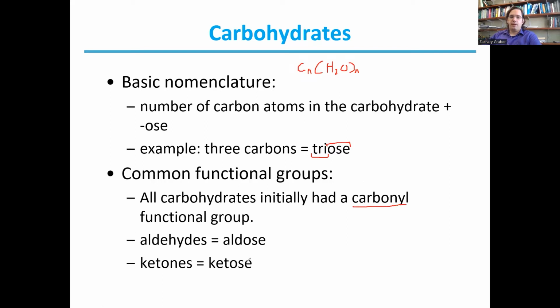And of course, between our carbonyl functional groups, we have aldehydes and ketones, and these will be indicated in our sugars as either aldoses, sugars containing aldehydes, or ketoses, sugars containing ketones. And all of our sugars will contain alcohols.